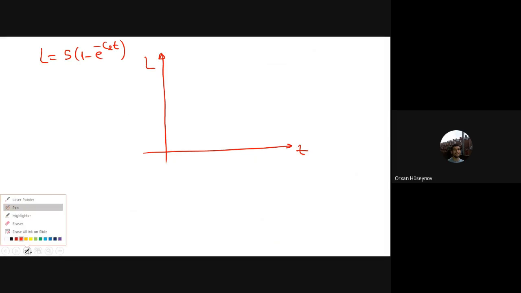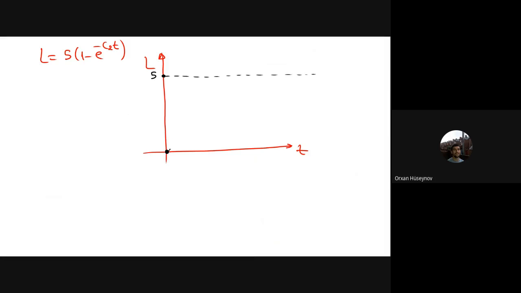So my function was L equals 5 times (1 minus e to the power of negative c t). And therefore, my graph of L versus time t will be, when the time is 0, the L value is 0. When the time is very large, L becomes 5.